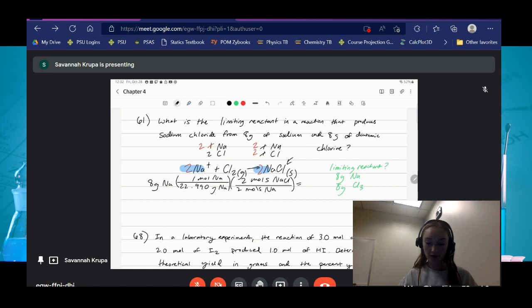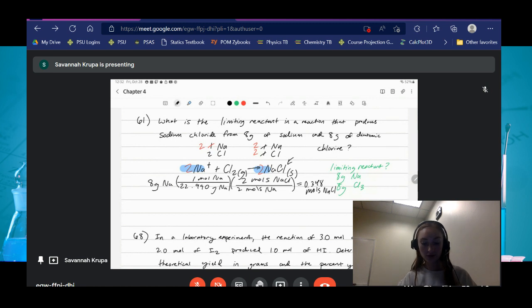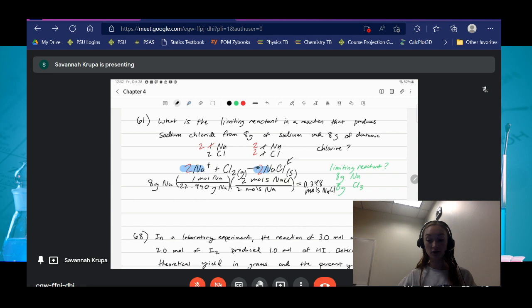Calculating that out, we will have 0.348 moles of NaCl. So for 8 grams of sodium, it's going to produce 0.348 moles of sodium chloride.